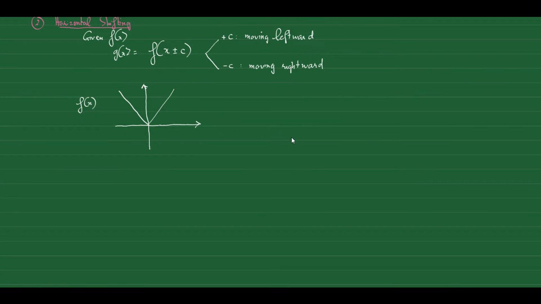This is f of x, and we can move to the right 2 units. Okay, something like that.